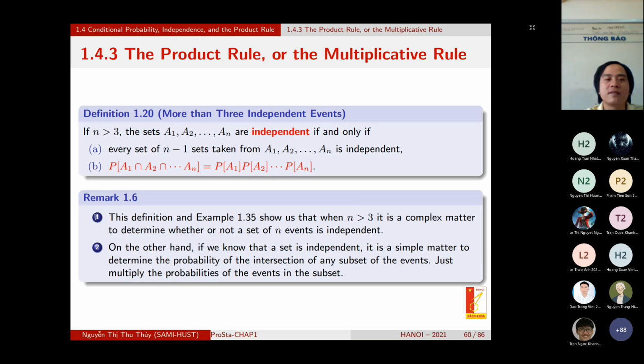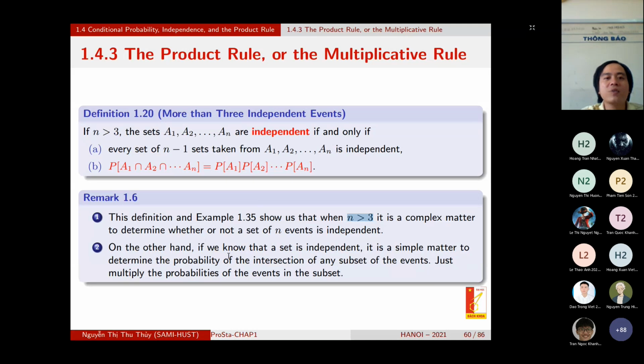So remark 1.6 says that this definition and example 1.35 show us that when n is greater than 3, it is a complex matter to determine whether or not a set of n events is independent.